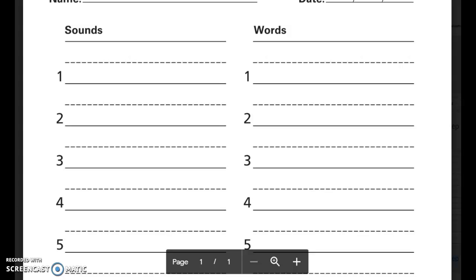Went. Twig. I'm going to help you with that one because it's tricky. We have t, w, i, g, twig.